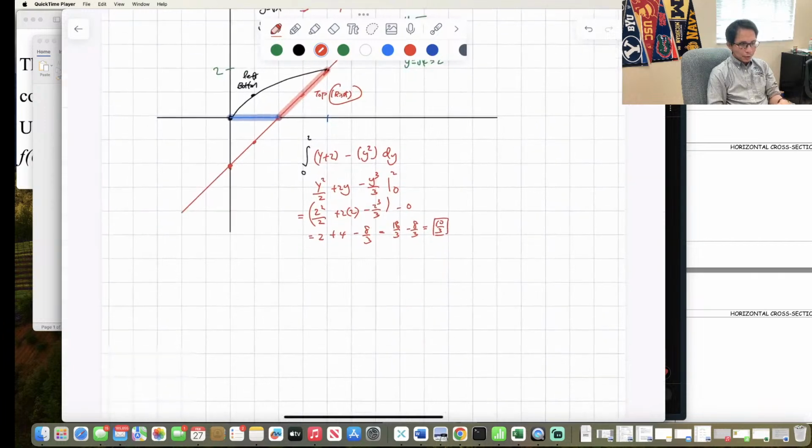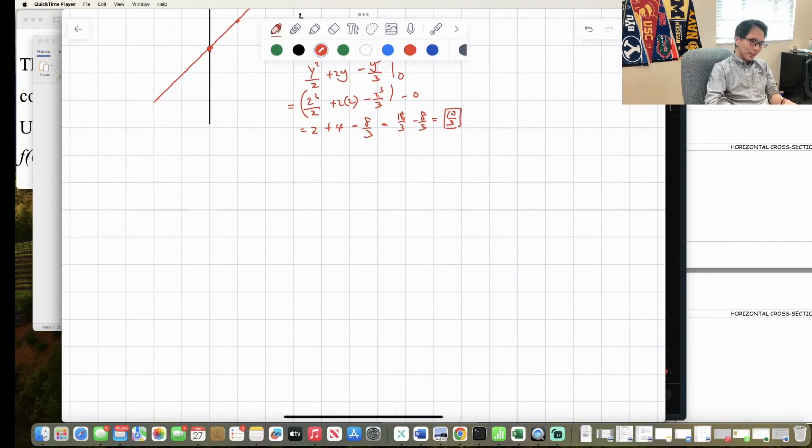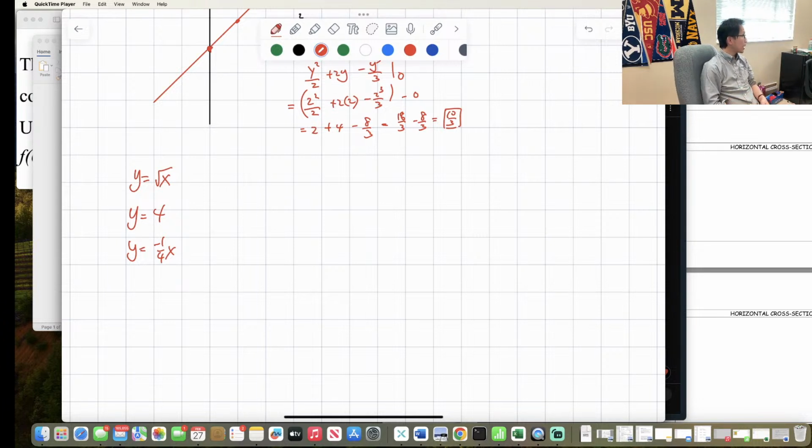Now, I want you to do this question in terms of horizontal. Think about the question you have in question 2: y equal to square root x, y equal to 4, and y equal to negative 1/4 x. I want you to do this one from the horizontal perspective and see how efficient that is.